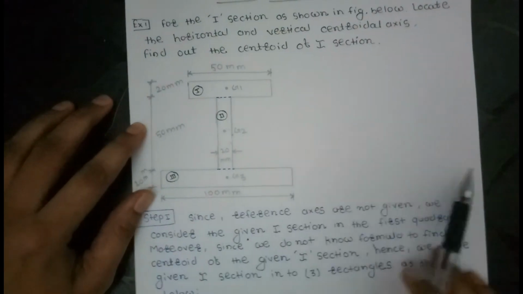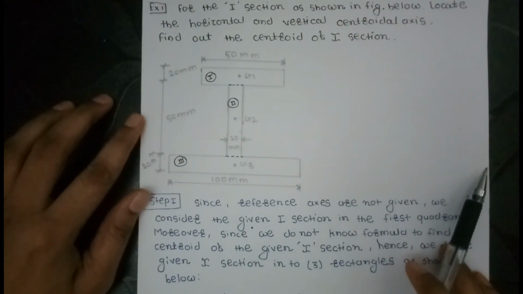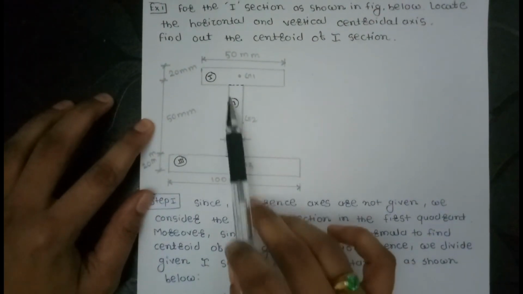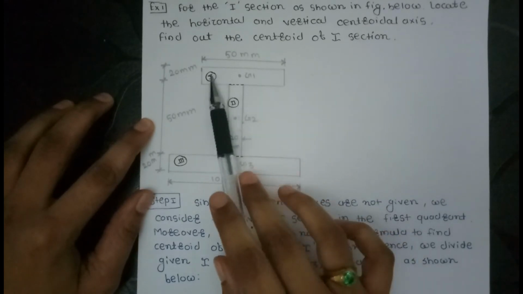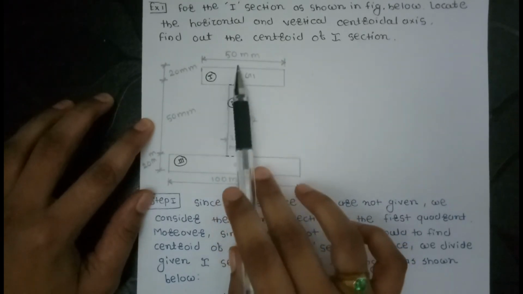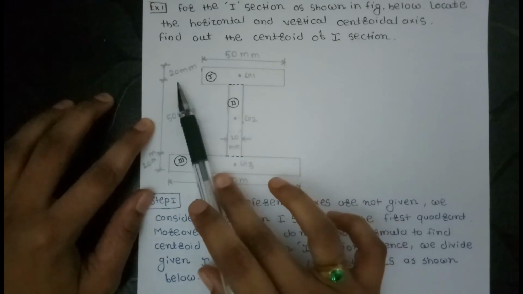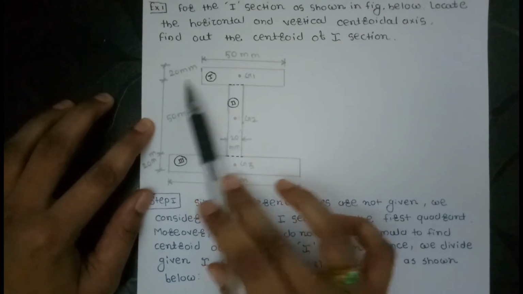This is the I section. This is the flange section having width of 50 mm and depth of 20 mm.